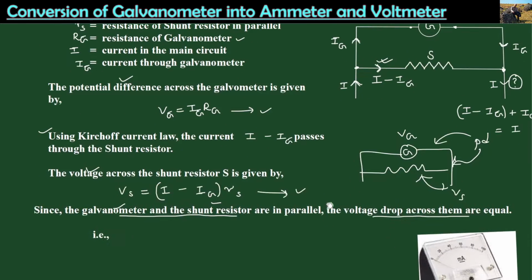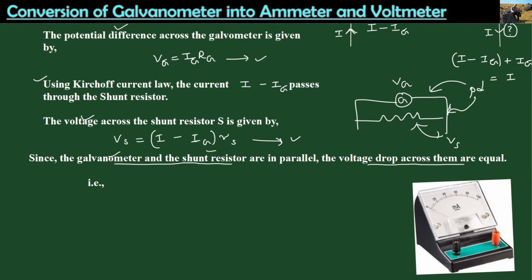That is the most important concept. When appliances are connected in parallel, their potentials are equal. So what is Vg? Vg is Ig Rg.